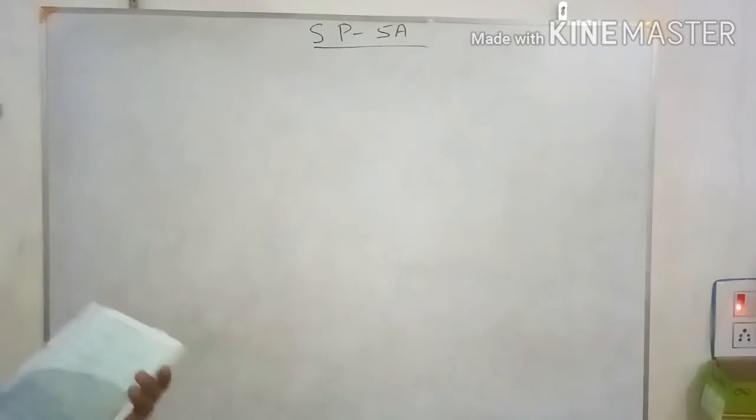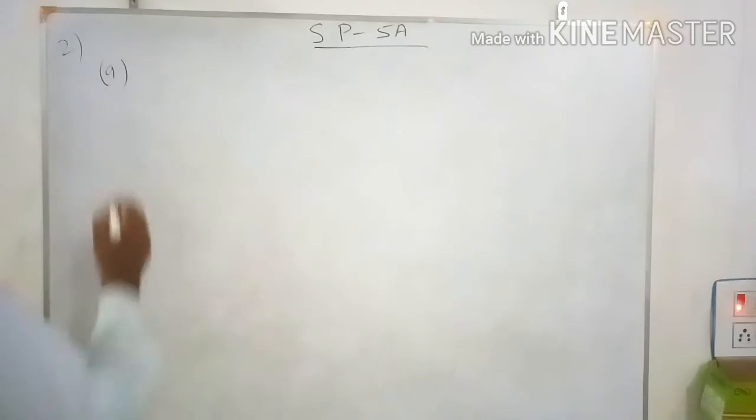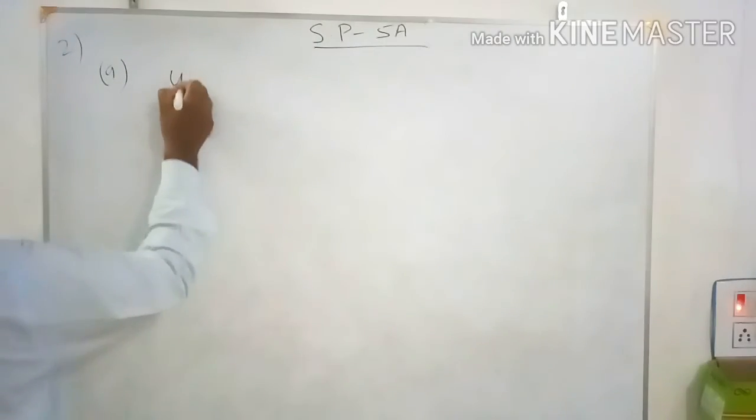Consider question number 2. State the numerical coefficient and degree of each monomial. 2a, 45.